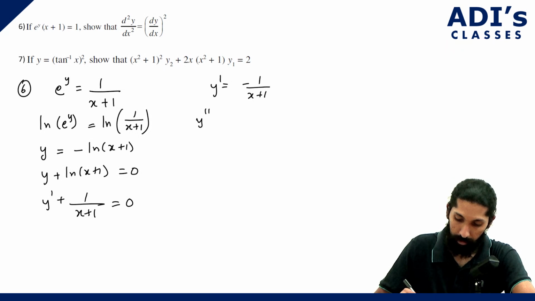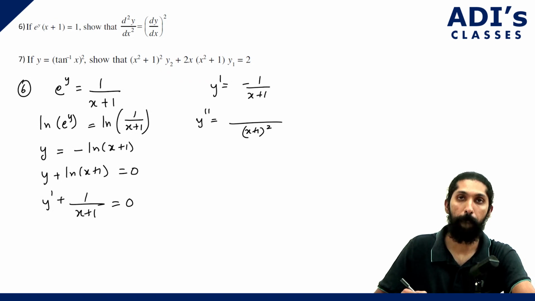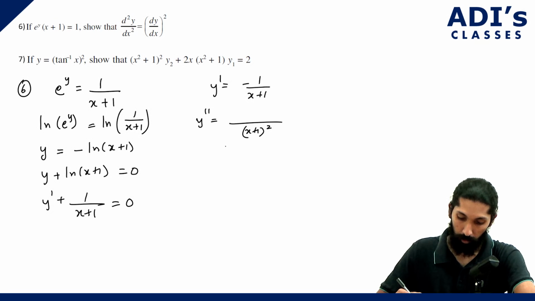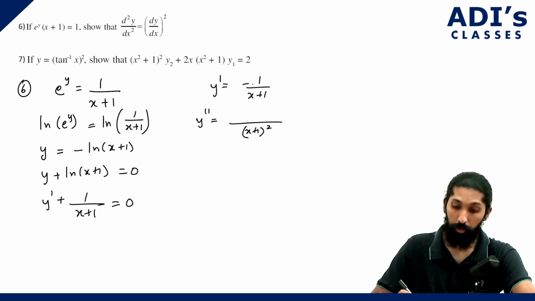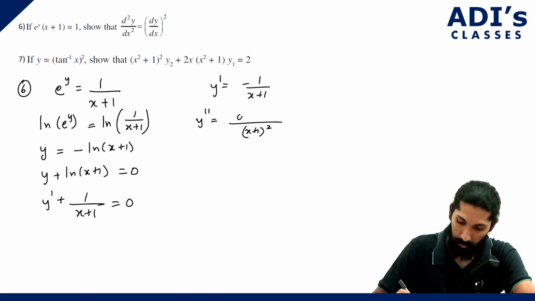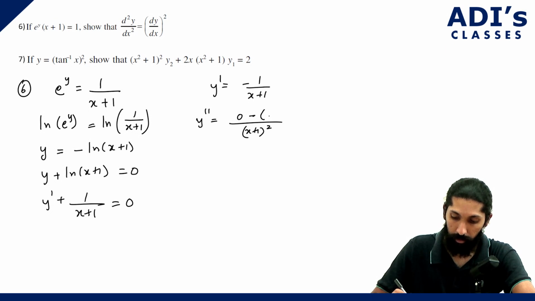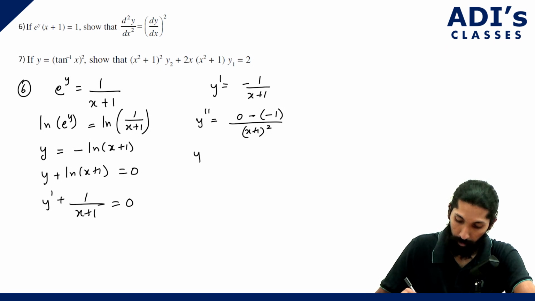Y double dash is equal to, so x plus 1 whole square into, here it's gonna be 0 minus of, so what are you going to get here? This is going to become x plus, so it's going to be minus 1, correct? So what you are going to have, y double dash 1 by x plus 1 whole square.